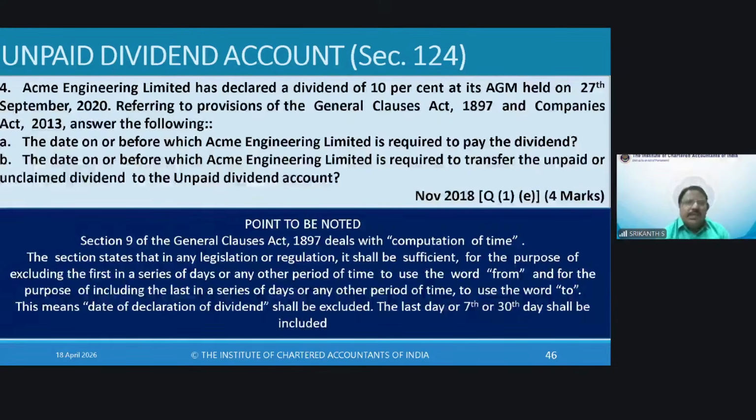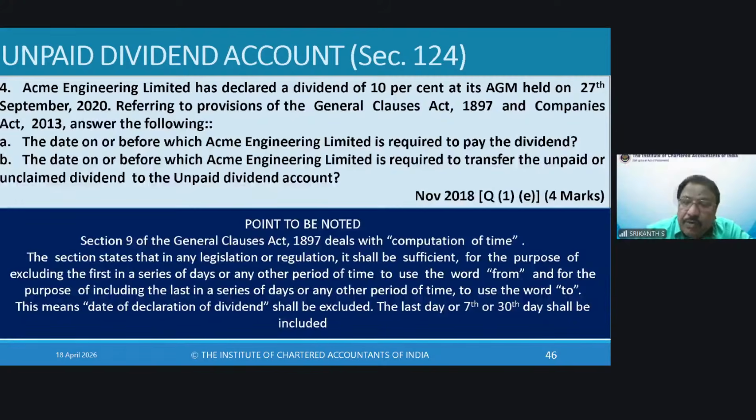So basically, whenever the time limit is prescribed as from, then the first date should be ignored. You have to start counting the period from the next day.